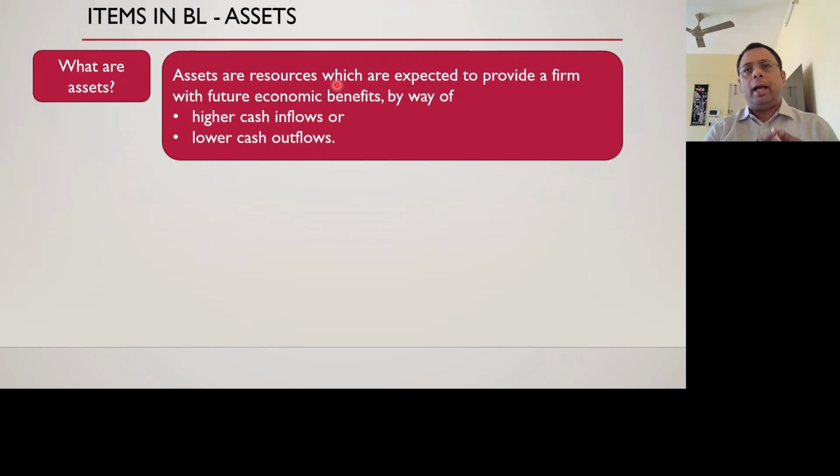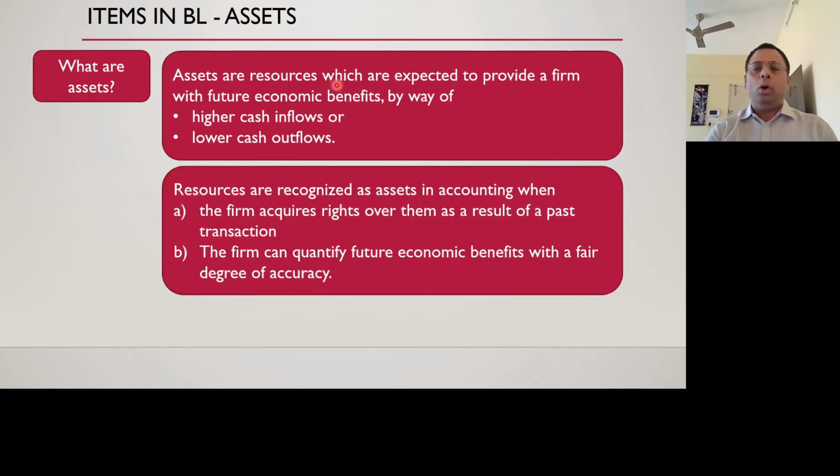So any asset, such as plant and machinery which is going to be used by the business for creating a cash inflow or outflow. And resources are recognized as assets in accounting when the firm acquires rights over them as a result of past transactions, and the firm can quantify future economic benefits with a fair degree of accuracy.